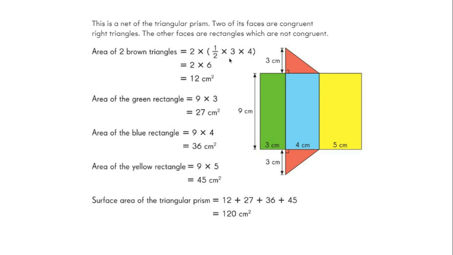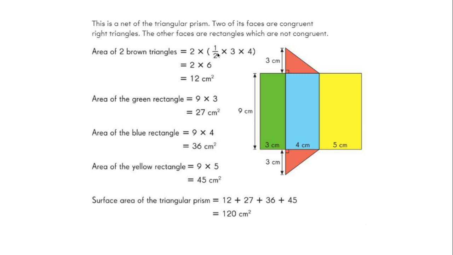Okay, so let's look at it like how they've written it: 3 times 4 times 1/2. Now I notice that I have two triangles, so I have to multiply that by 2. That's a pretty long number sentence, however, it's really easy to tackle. I'm going to start with the parentheses because of the order of operations. 3 times 4 is 12.